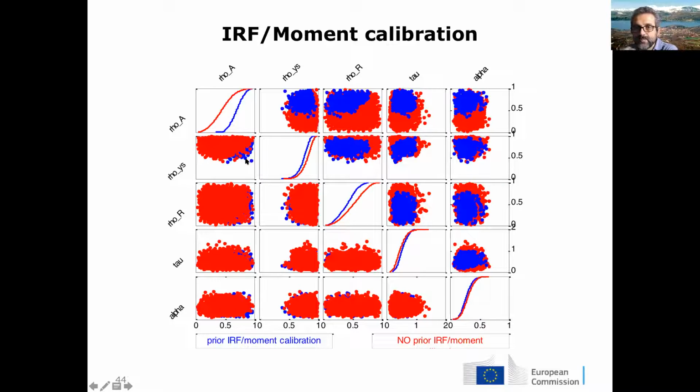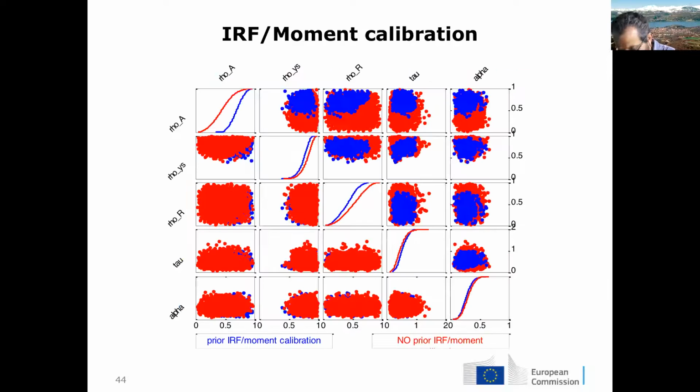Using 2 parameters as triggers is very difficult, but this suggests that if you combine larger rho A, lower rho IS, and maybe also lower rho R, then you're likely to end up in a situation where you are matching all your criteria. Clearly, you may want to go for more formal optimization, but this already provides quite a lot of information about which parameter drives what and in which direction.